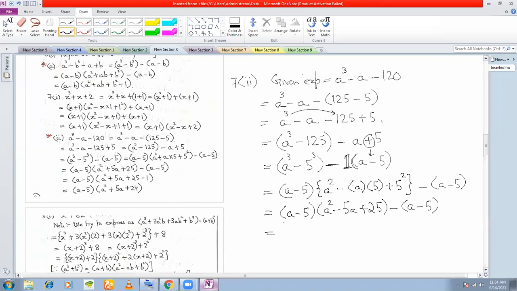Now from these two, you can take out a minus 5, right? So a minus 5, if I take out, what am I left with? I'm only left with this part here, a square minus 5a plus 25.